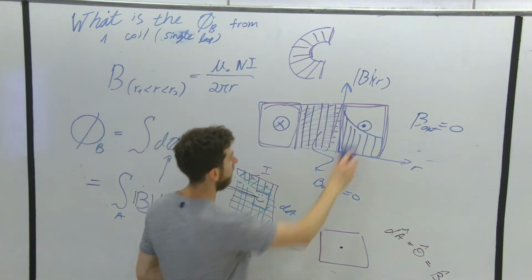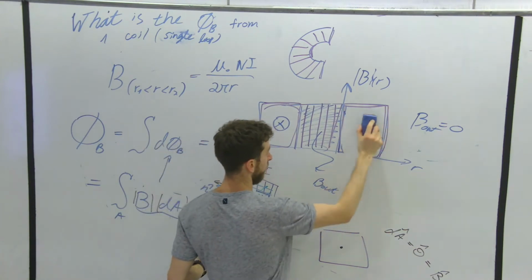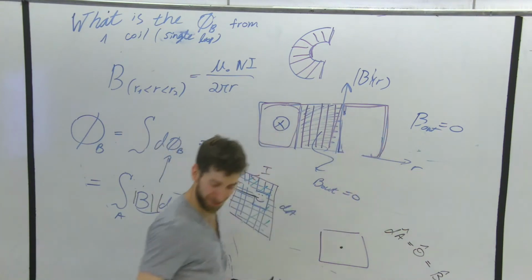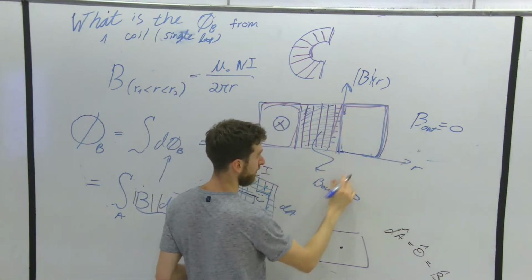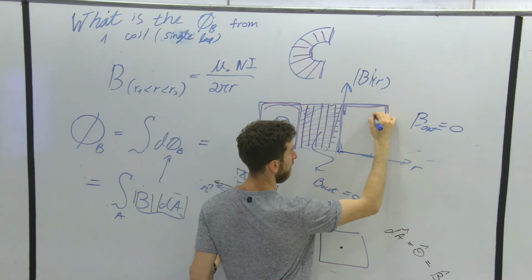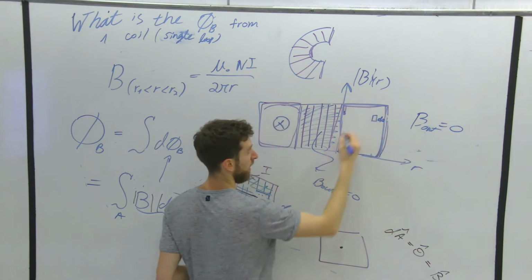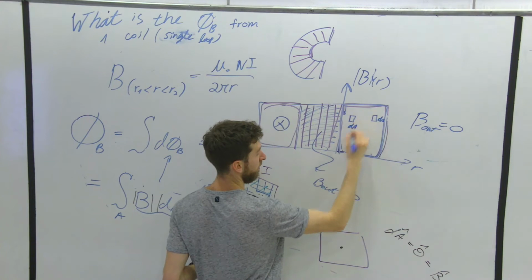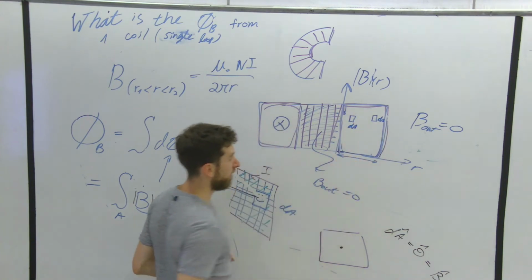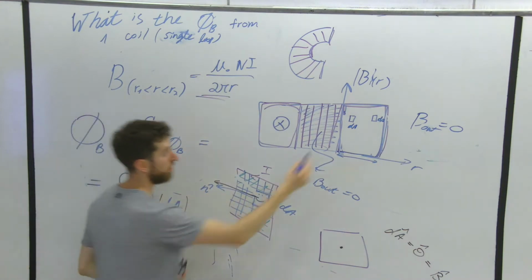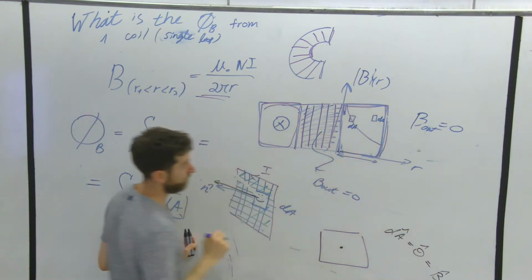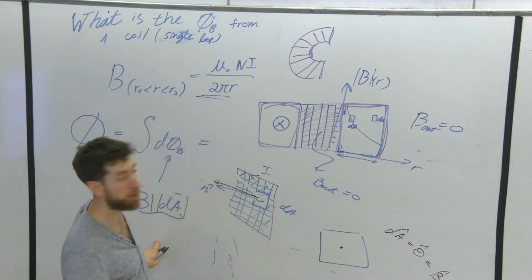Let's think about it. So this is my area, and each one of them is the dA. And in each location, in the radial direction, B is changing. We saw that it's actually dying out. You see it? It's dying out. So let's write this integral more explicitly.